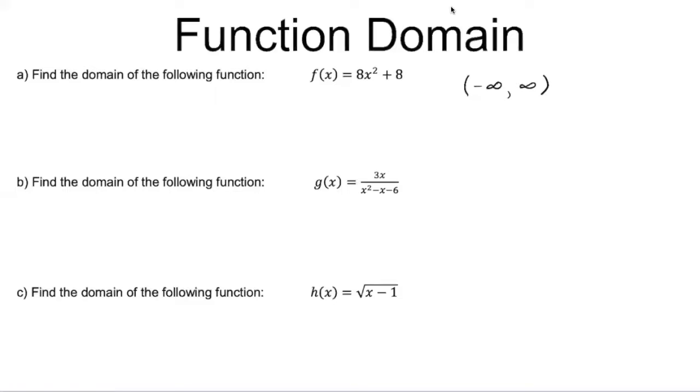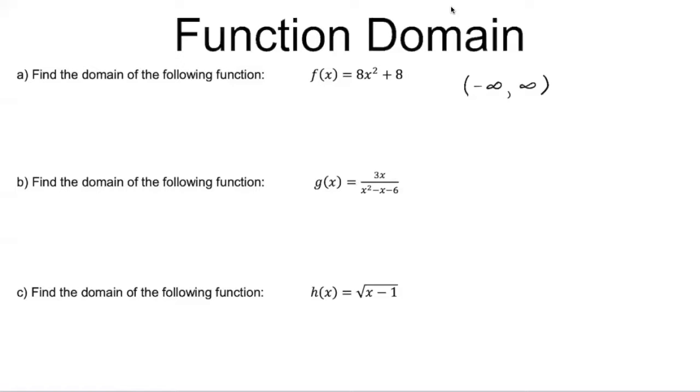Looking at our second example, we obviously have a rational function in this case. So we have to determine what values are not included in the domain of this function.